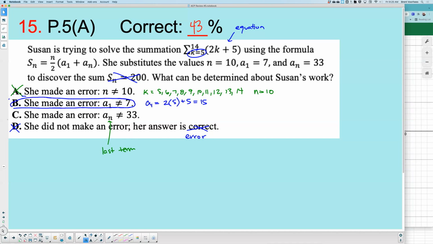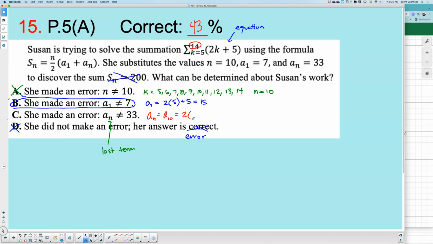Let's just check real quick on C. How would you find the last term? That's what that means. An means last term. How would you get that? You plug in your upper bound. So an, also known as a10, since we know there's 10 of them, n is 10, would equal 2 times, do I plug in a 10 here?